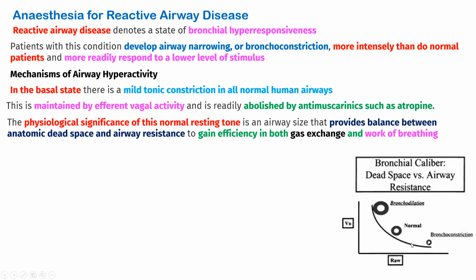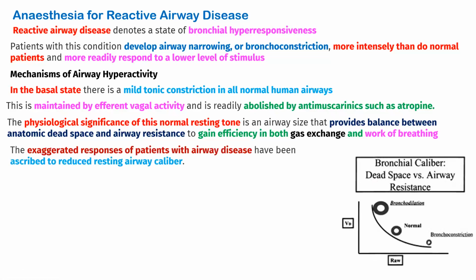Because he has to do a lot of work to breathe, he will require more oxygen and produce more carbon dioxide, and again that will affect gas exchange. So fundamentally, if you don't have a normal bronchial caliber, the balance between dead space and resistance gets affected, which ultimately affects gas exchange and work of breathing.